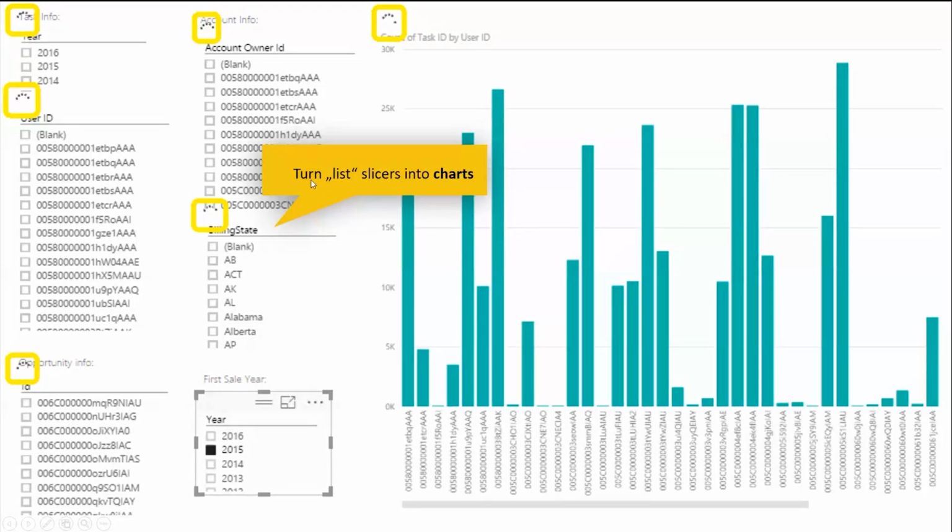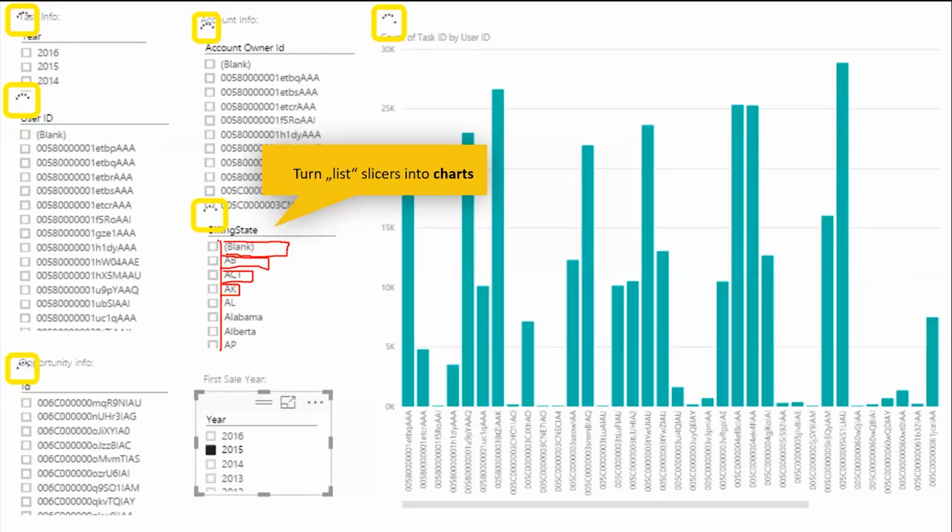But in the same space you can actually just present a chart, because the great thing about Power BI is that every visual functions as a slicer, as a filter, basically, right?